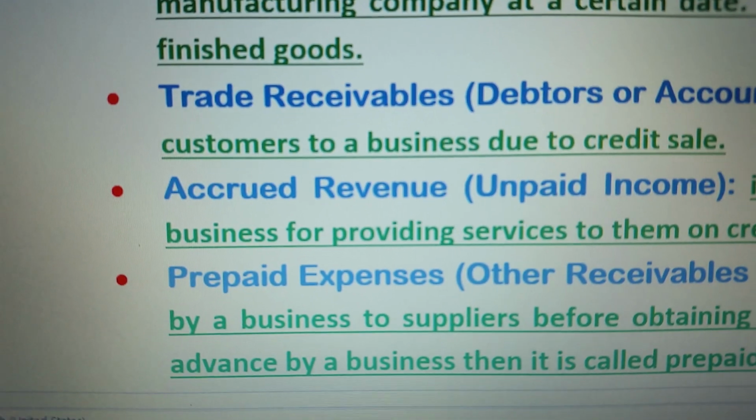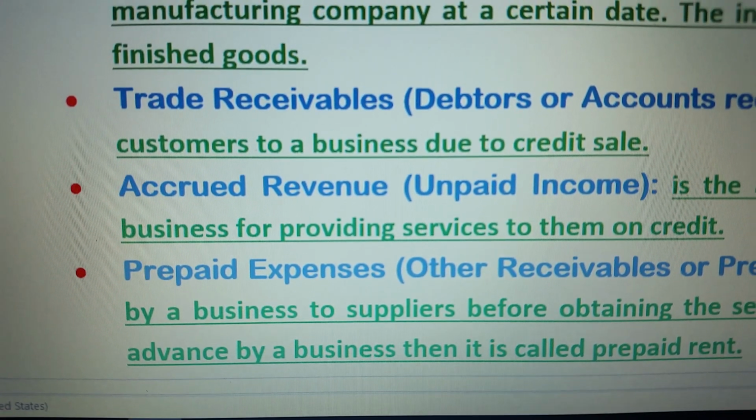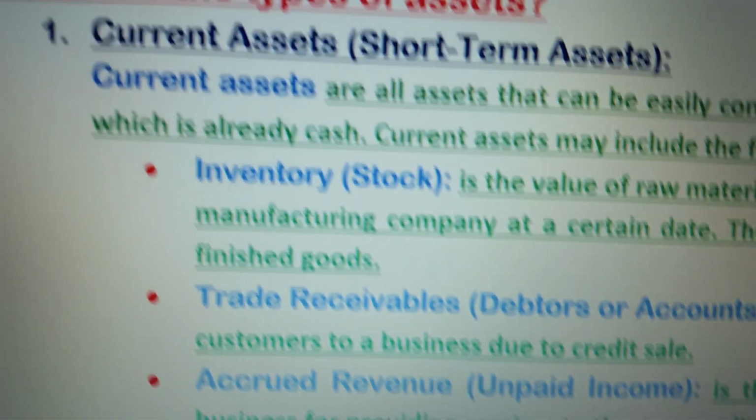Accrued revenue or unpaid income is another term that gives a similar meaning to trade receivable.